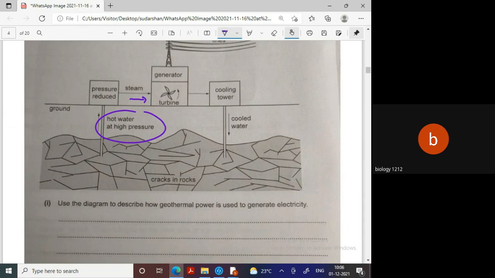The turbine is connected with a generator that produces electricity, and the electricity is transported to the nearby villages, factories or the city. The cooling tower cools the steam, converting it into water again, and the water is sent back to the cracks in the rocks. Again it will do the heating process, converting the water into steam, and the process goes on.